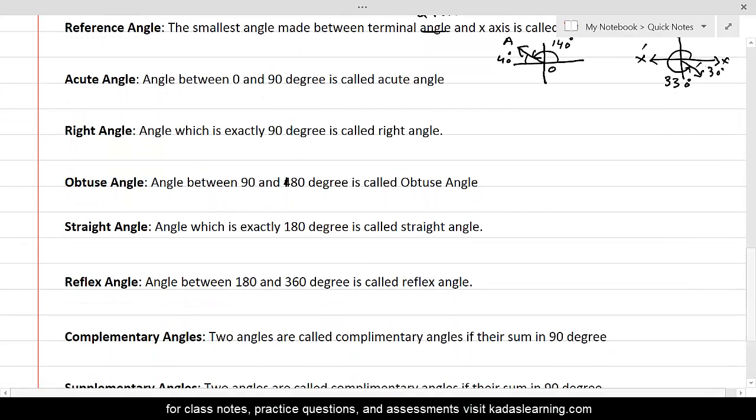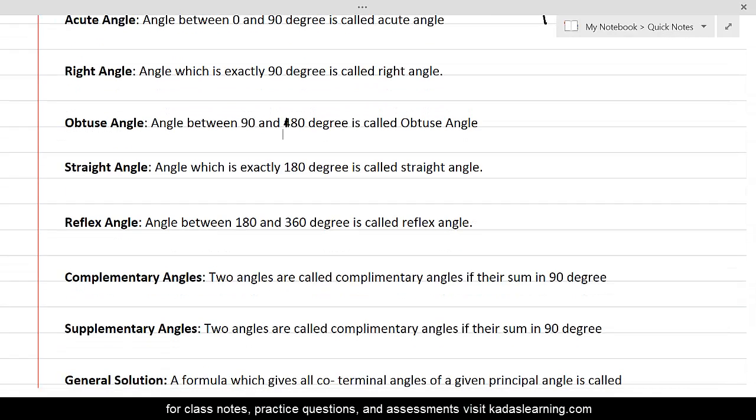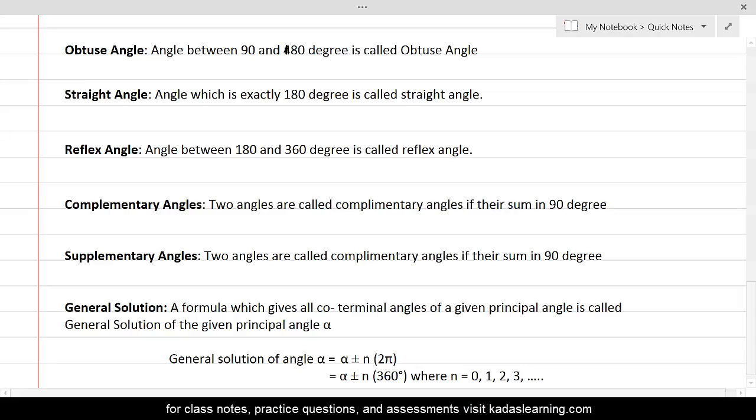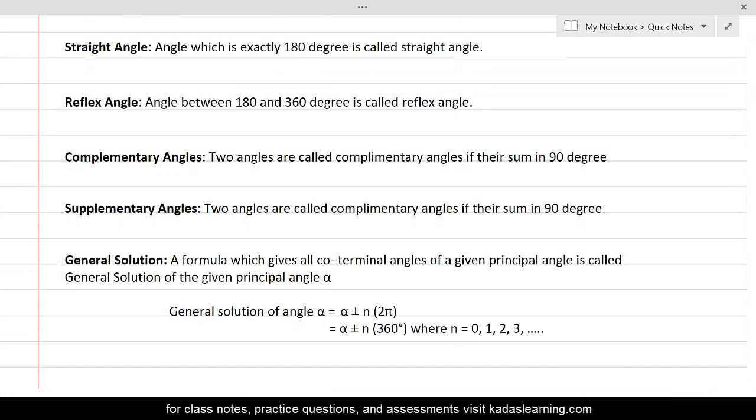And straight angle: an angle which is exactly 180 degrees is called a straight angle. And any angle between 180 and 360 is called a reflex angle. So these are the types of angles, and now there are a couple more terms which we will be frequently using while doing questions in trigonometry.